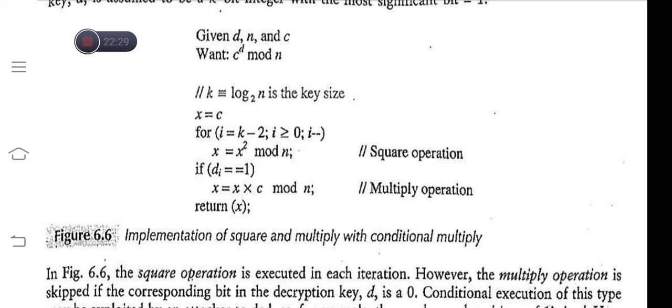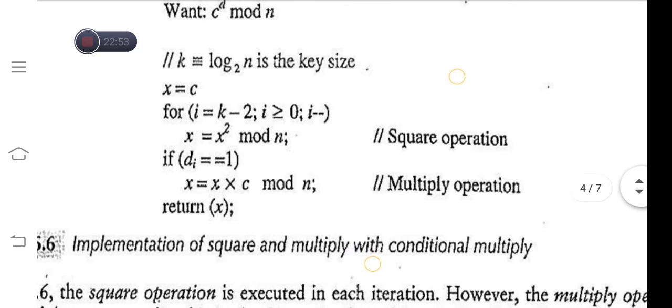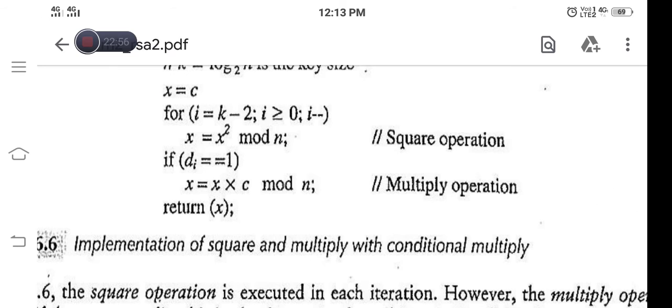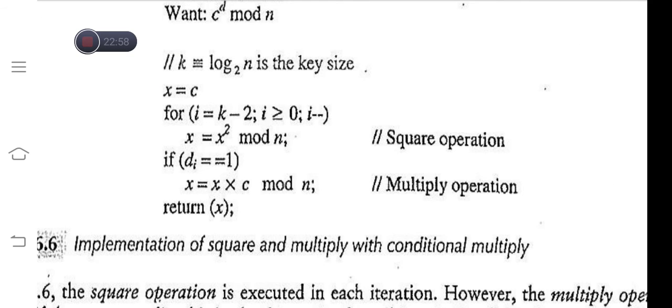We have the formula C to the power D mod N to obtain the plain text at the time of decryption. The decryption key is of size k, where k is congruent to log to the base 2 of N, the key size. Here we have initially assigned the ciphertext C to the x variable, and using the for loop we are performing the square operation.